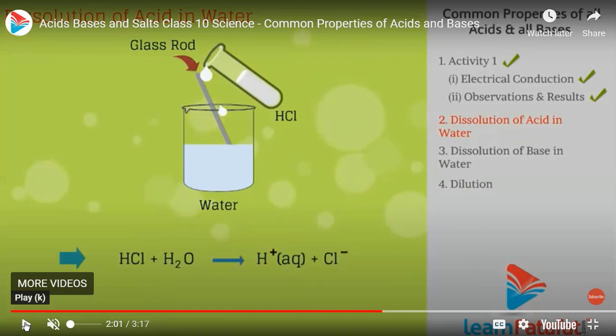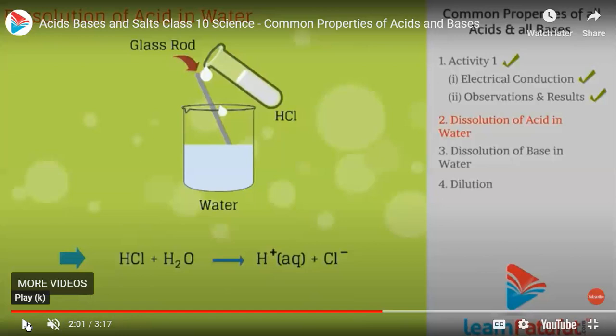Since HCl gas is released from the test tube, when it comes in contact with the water present in the litmus paper, it liberates its ions, that is H+ and Cl- ions.